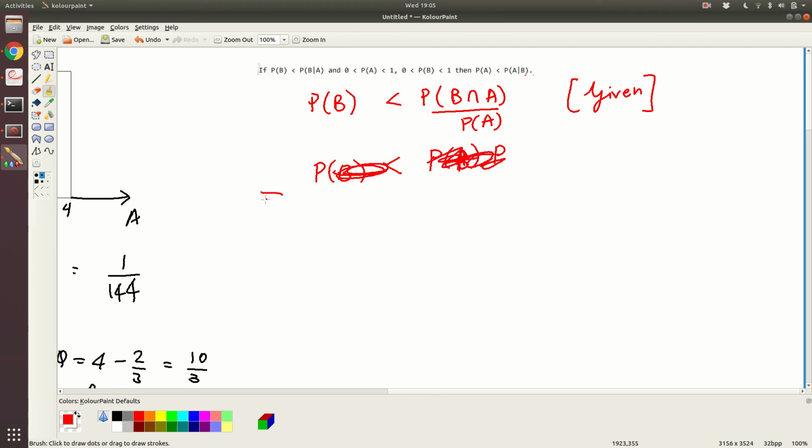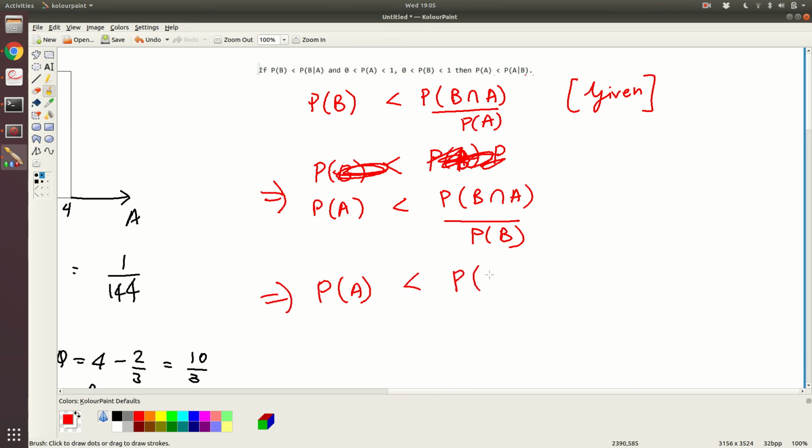From this it implies that P of A is less than P of B intersection A divided by P of B. Okay, so now we are done. The left hand side is P of A, which implies that P of A is less than P of A given B. So that's it. It's just a simple rearrangement. All you are doing is taking the denominator and interchanging. All right, so this proves that the first statement is actually true. We are done with this. Let me continue with the assignment problems in the next lecture, next video. Thanks.